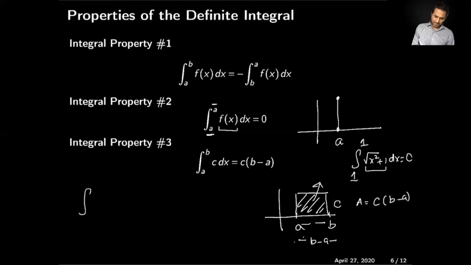For example, the definite integral from 2 to 5 of the function 4 dx is 4 times (5 minus 2). So the constant times the difference of the limits will be your net change of the function, which is 12 units.